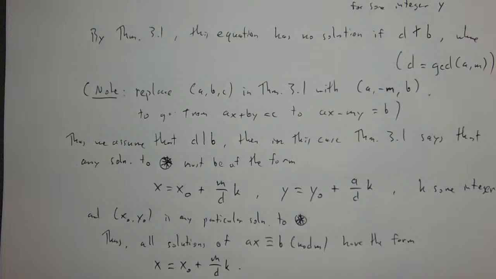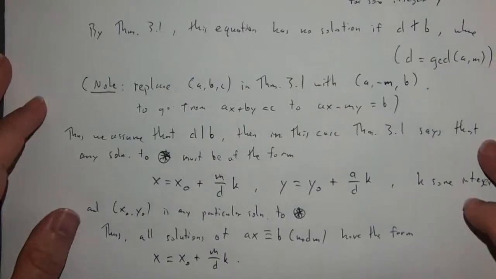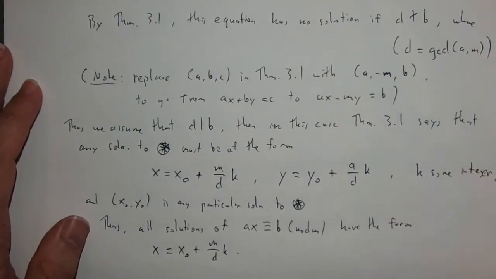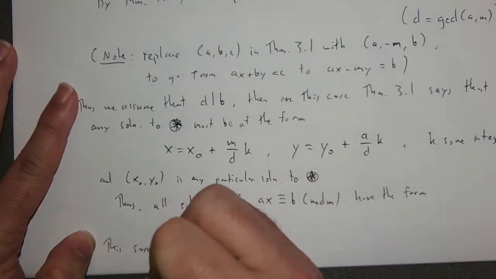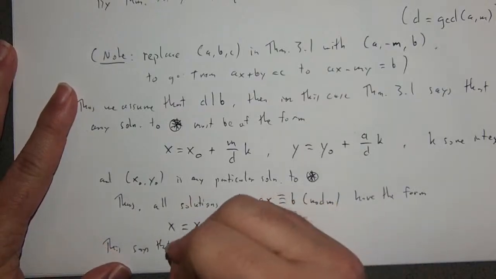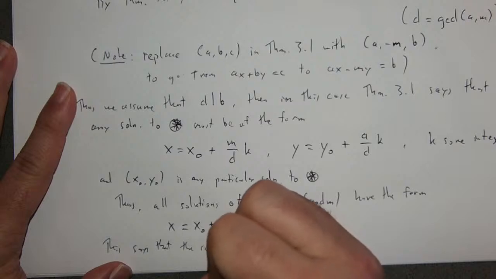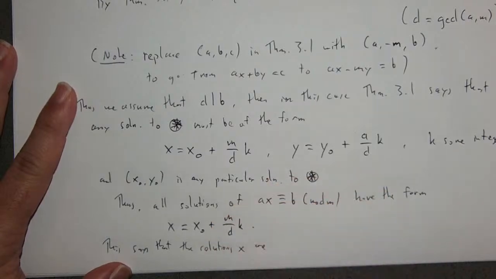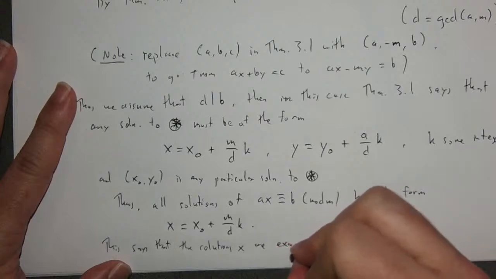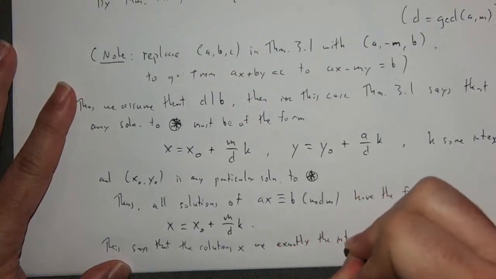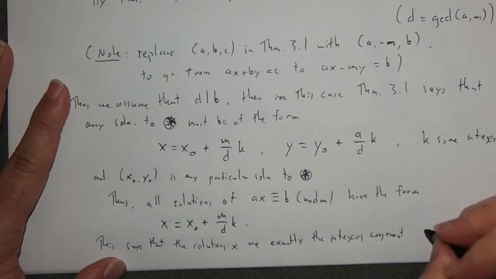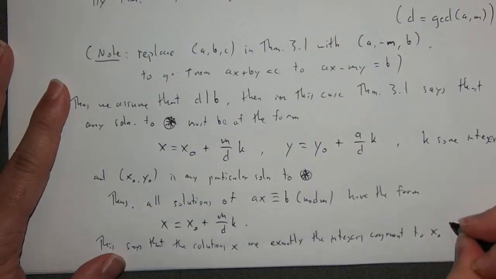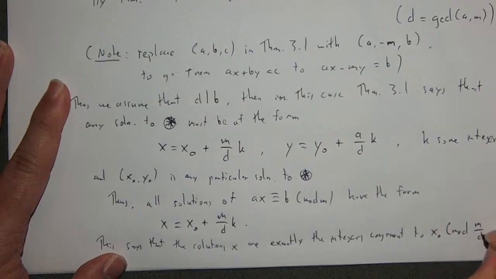Okay. So what does it mean to say this? So this says that the solutions x are exactly the integers congruent to x naught mod m over d.